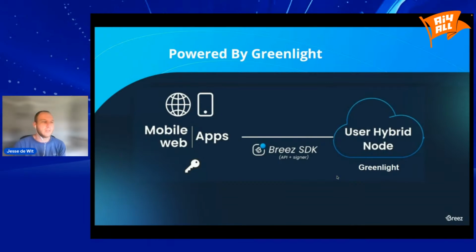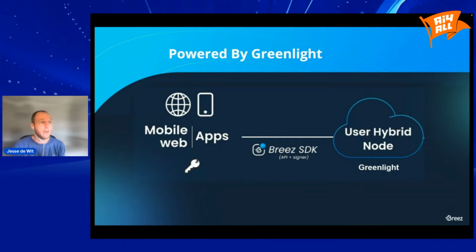So that's what Greenlight takes away from you. And you get your own personal node. So it's not like you're using their node to send payments. The end user gets his own node on their infrastructure. And yeah, important part is that the key is on this side and not on this side.